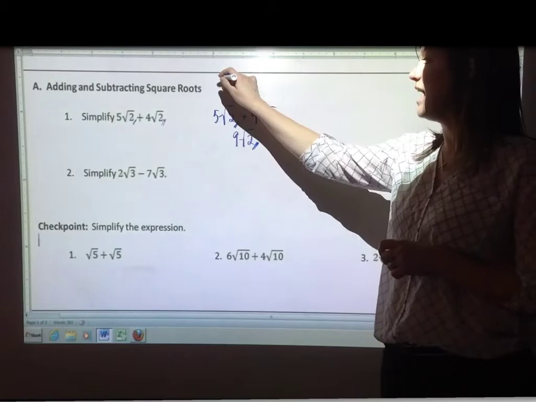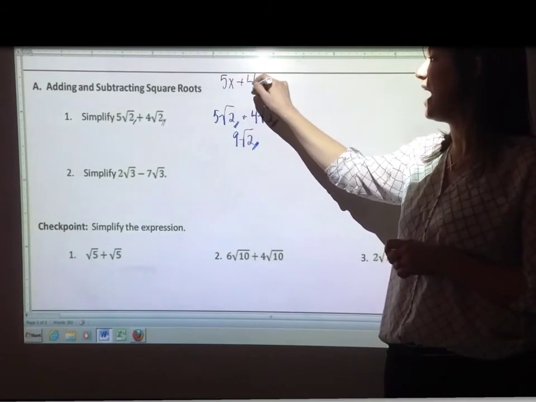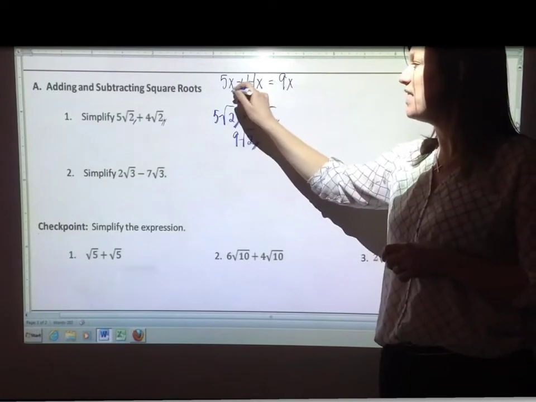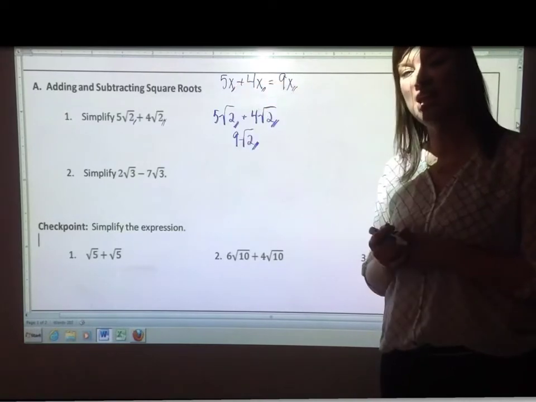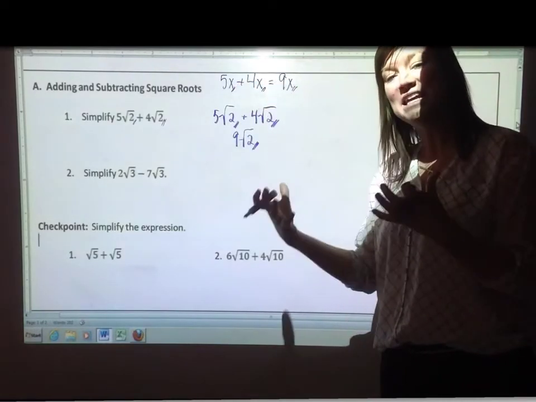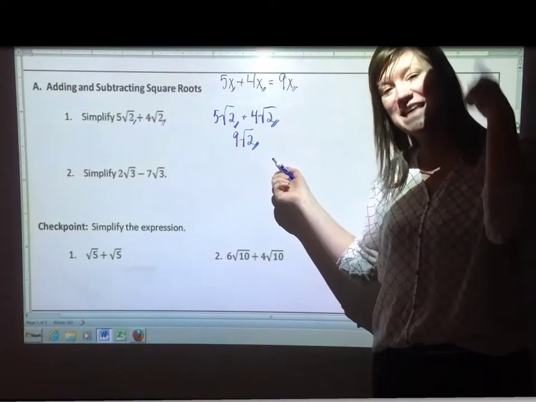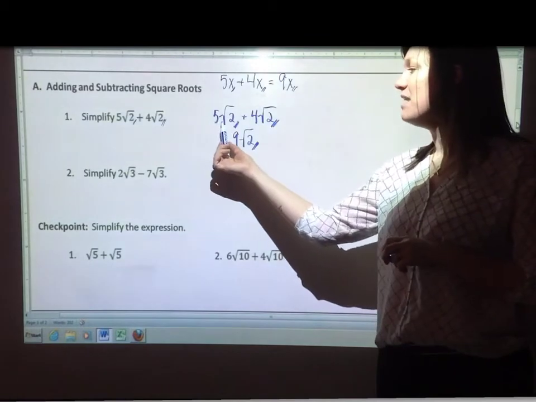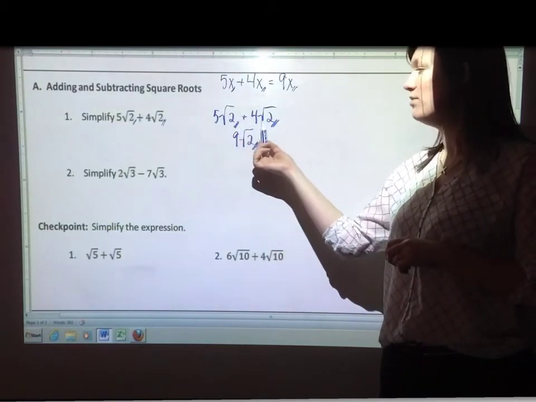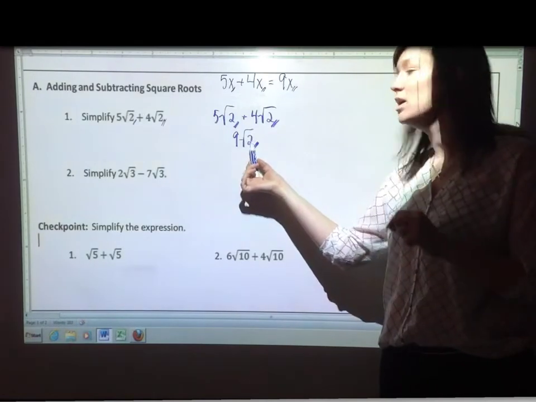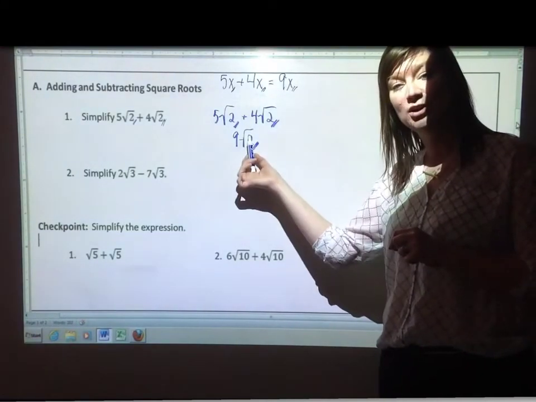So taking that back, 5x plus 4x gives us 9x. Do you see how the variable part never changed? Just how many of those variable parts we had changed. You need to just take that into consideration. So 5 radical 2's plus 4 radical 2's leaves me 9 radical 2's. So please make sure that you're not changing the radical part.